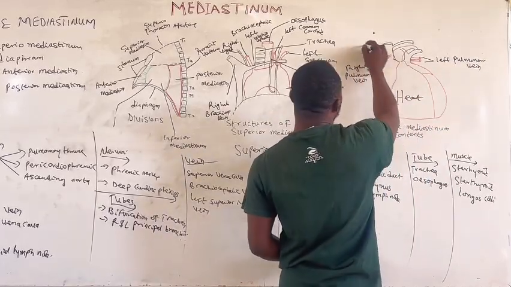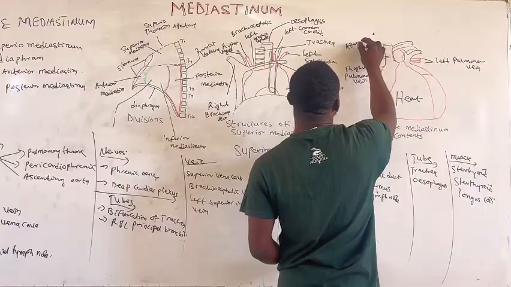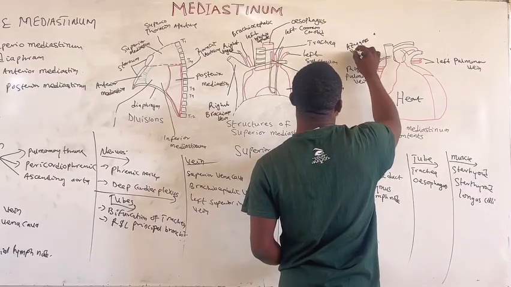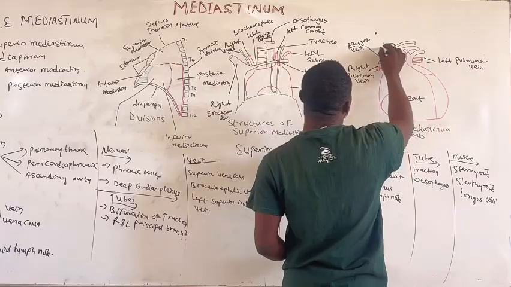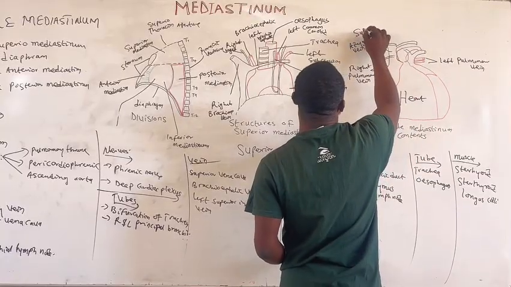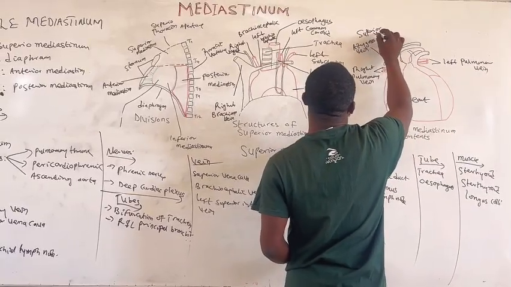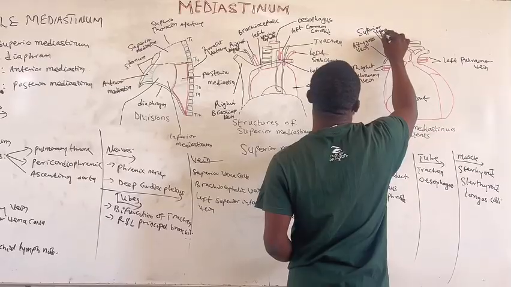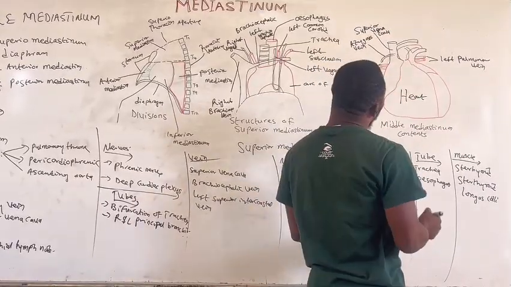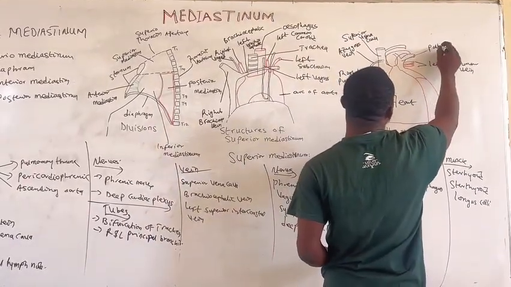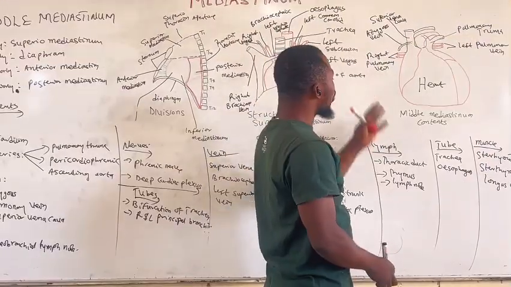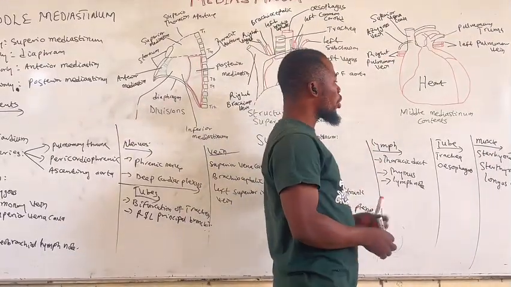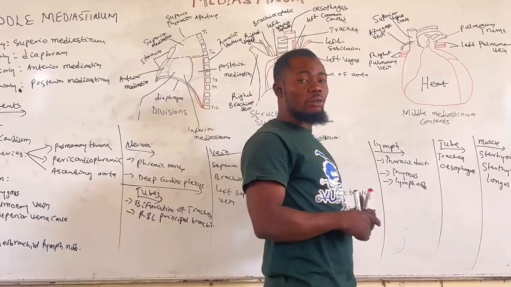This is our azygos vein, and this is the superior vena cava, and the pulmonary trunk.